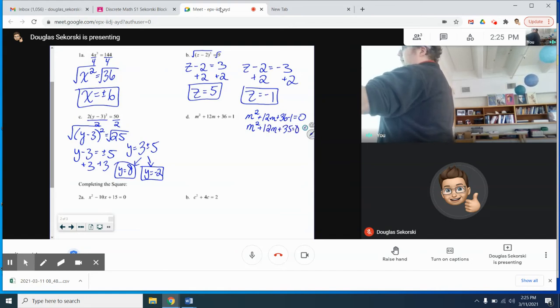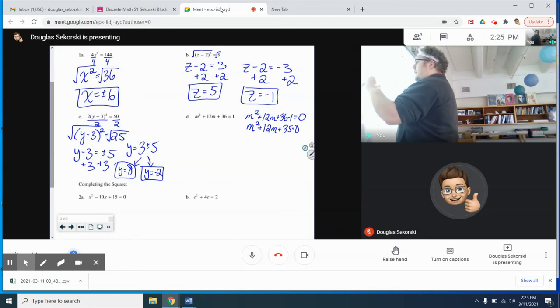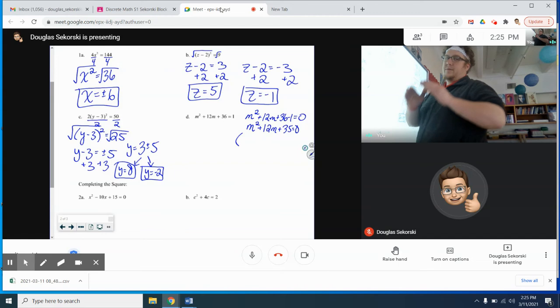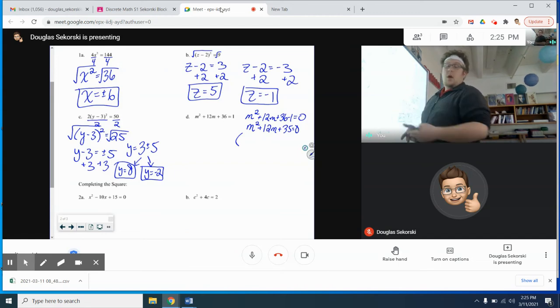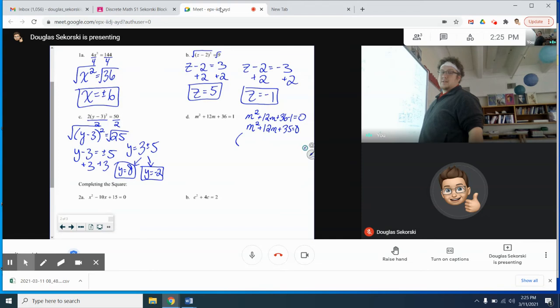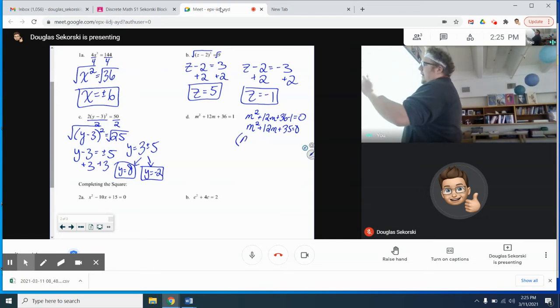We can still solve it, but recognize that now we're looking for two numbers that multiply to 35 and add to 12. So we've changed the polynomial that we were originally given, which is totally fine because it had a 1 on the other side. We need to get things equal to 0 before we factor and solve.